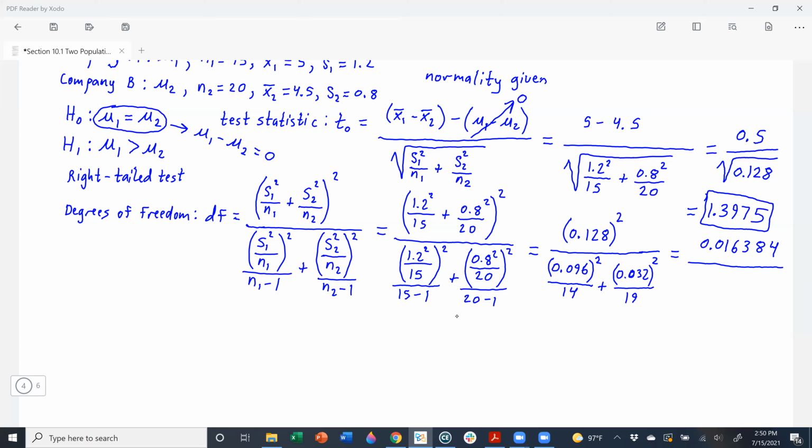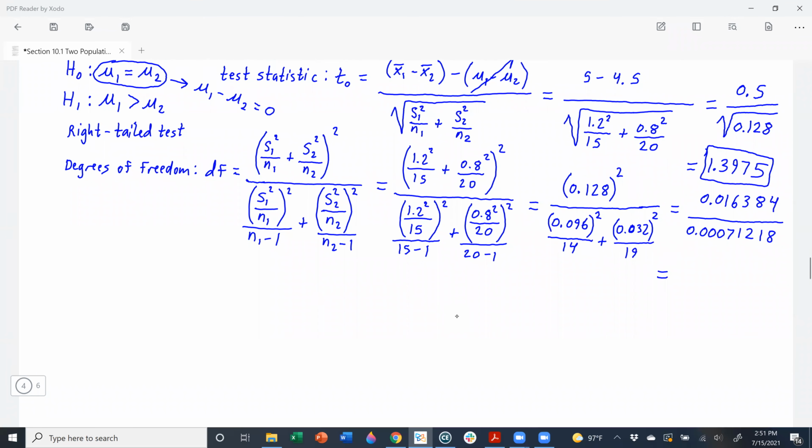So the 0.096 squared divided by 14 plus 0.032 squared divided by 19. And it's showing the scientific notation with the little e-4. So that means I need 3 extra zeros to the left of this 7. So I need 0.123, and then I'll write a few of these digits, 7, 1, 2, 1, 8.